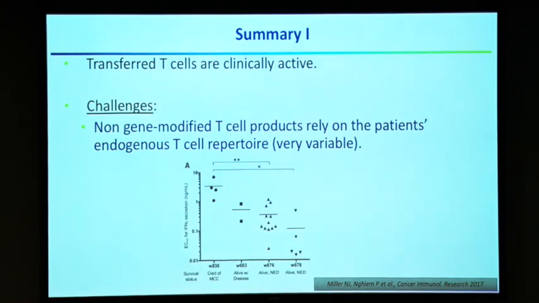However, we identified quite a number of challenges through the trial. The non-gene modified T cell products rely on the patient's endogenous T cell repertoire. So basically, whatever we can raise against the virus is going to be what is already present, maybe at lower quantities, but it's already present in the patient.